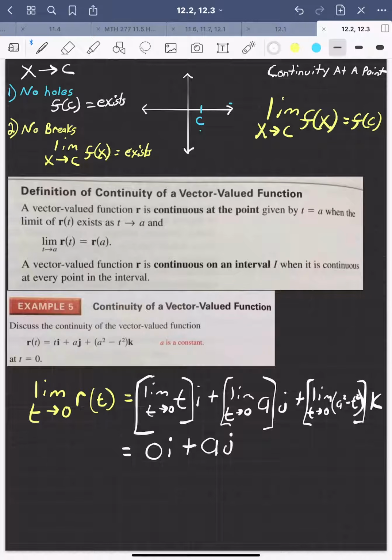All right, we've done the i component, j component. Now let's just do the final component, the k component. So limit as t approaches 0 of a squared minus t squared. We'll plug the 0 in for the t, and all we will be left with is a squared.